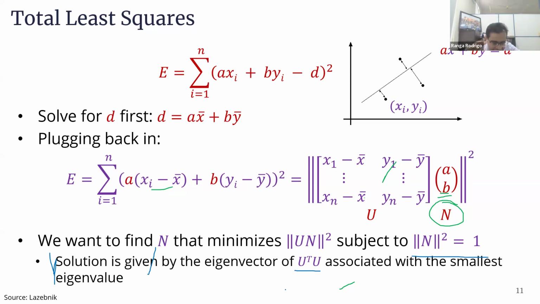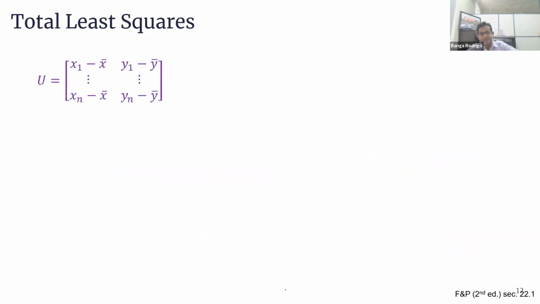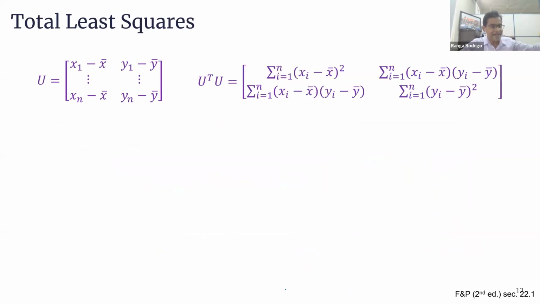So that means you have to construct U transpose U, compute its singular value decomposition, and pick the vector that corresponds to the smallest eigenvalue. I hope you can agree with that. And then this is U transpose U. Although I have written that, in reality you don't have to calculate it like that, because you use Python. It's also called the second moment matrix.